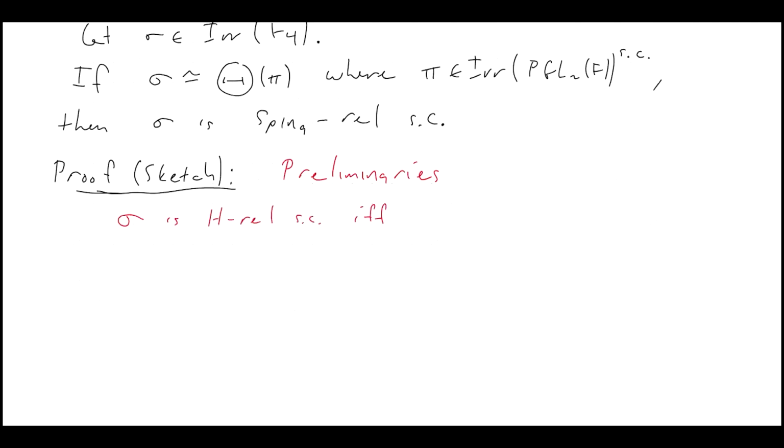This will happen if and only if sigma can be embedded in the smooth, compactly supported functions of F4 by spin 9, and this is just the compact induction.